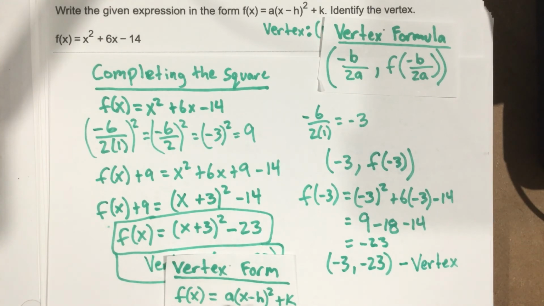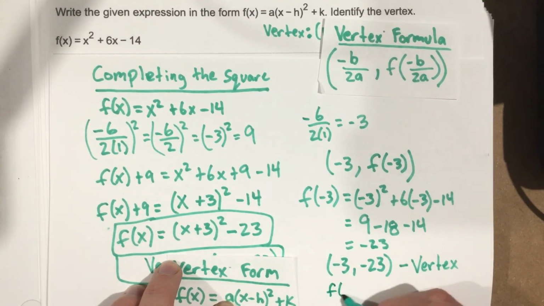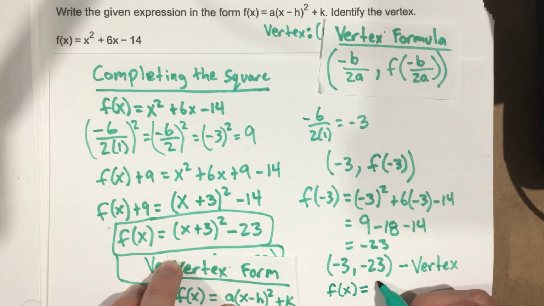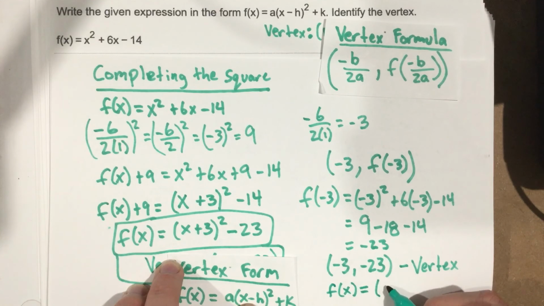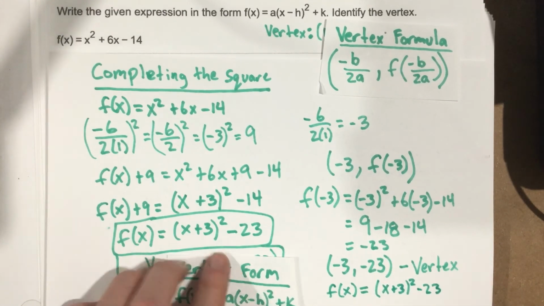We're going to use this to write the equation. a is our leading coefficient, which is 1, so we can say f of x equals, a is 1 so we don't even need to write it, x minus h, well, it's minus negative 3, so it's actually (x plus 3) squared plus k, which is minus 23.